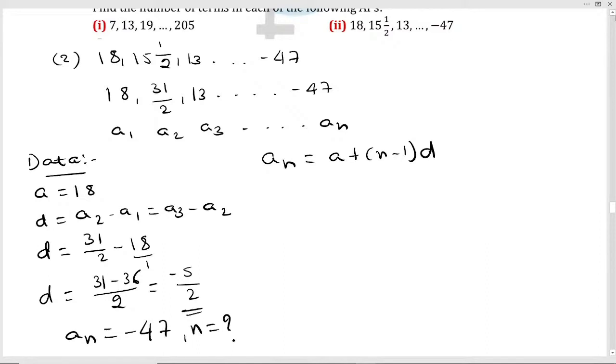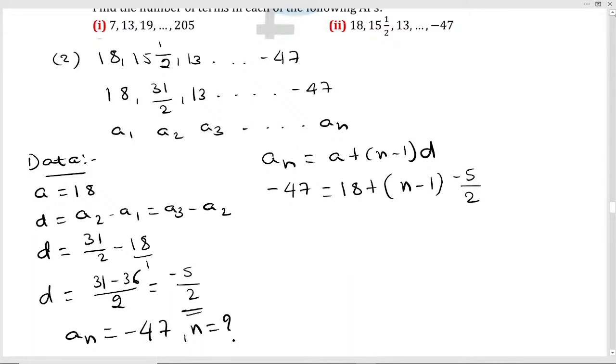So here I'll apply a_n = -47. a is 18, plus (n - 1) into d, which is -5/2. Why am I writing n? Because we are finding n only.